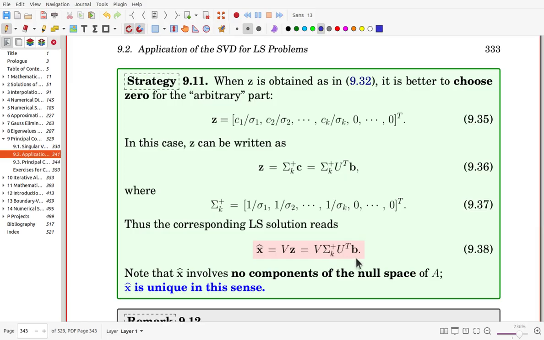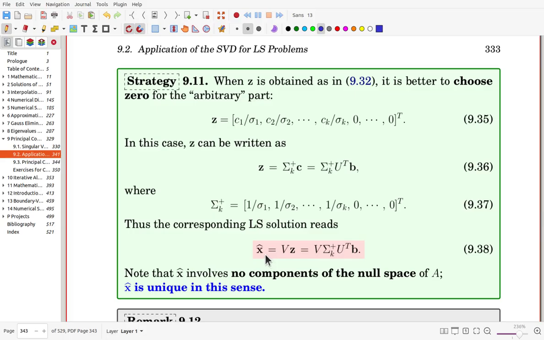So after getting the singular value decomposition, the least squares solution can be found through U transpose multiplication, and along with a choice k, we make the pseudo inverse of sigma k and multiply, and then V is multiplied. Then we can get the solution.